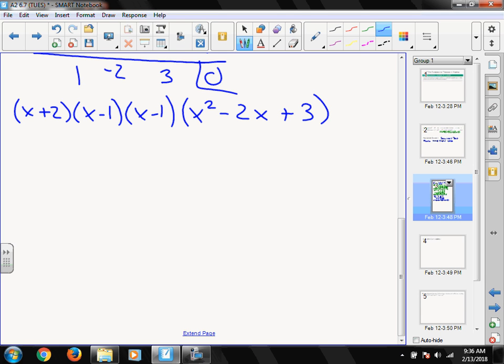So, you need numbers that multiply to 3 and add to negative 2. And in this case, 3 and 1. What are my signs? They both have to be negative. So, it's not going to work.